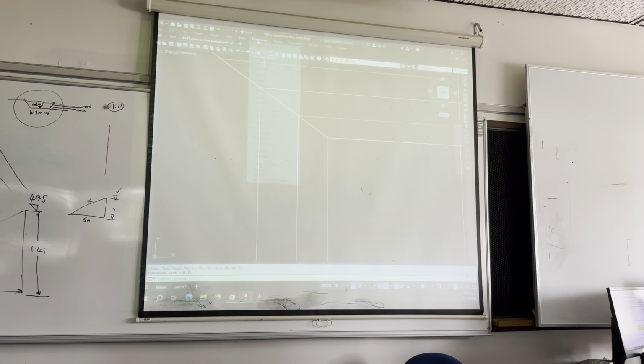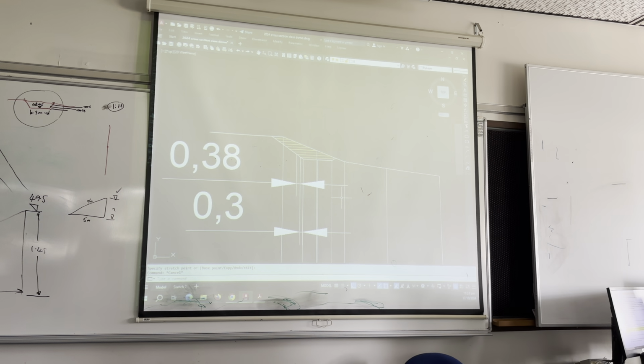If we do the dimension from here to here, that's slightly different. In fact, I'll take it so we can see it way down here. So the first dimension is 0.3, the second one is 0.38, and then every other one will be 0.38 from there on.